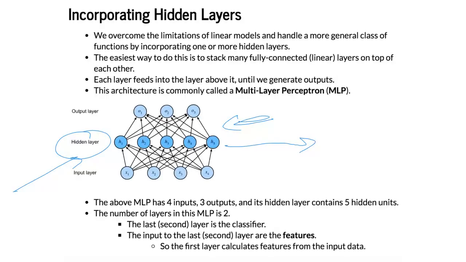This is the number of neurons, the number of features in the hidden layer. What I'm saying is that this number is finite. It could be 10, 20, 100. There is a finite number.